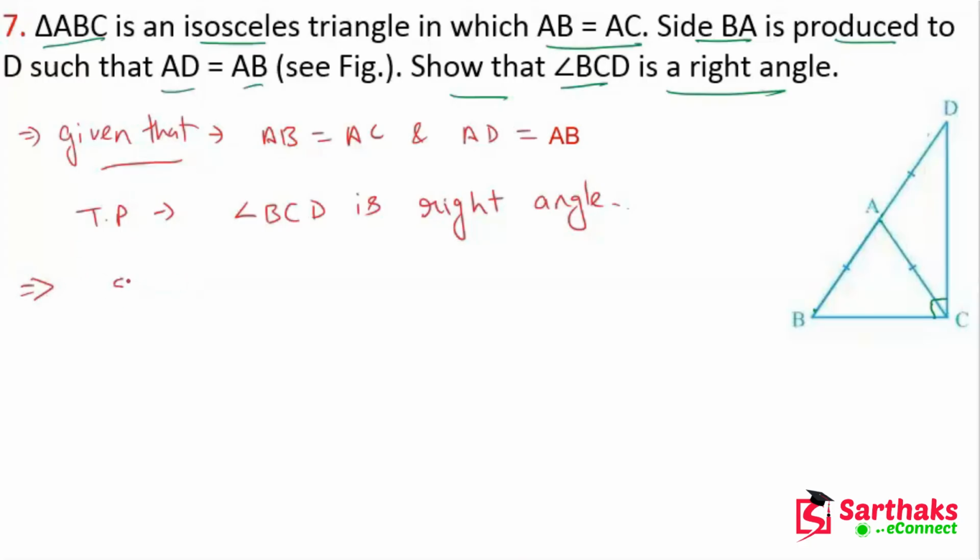Now in triangle ABC, we know that AB equals AC. This is the given part.